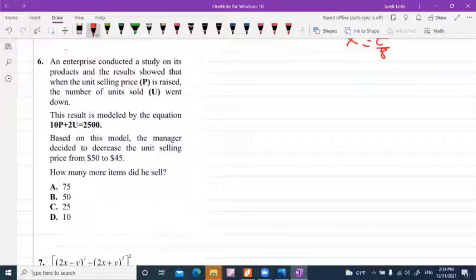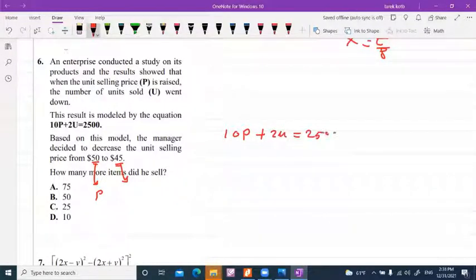So I will use this equation twice, once with 50 and once with 45, replacing the price by 50 and also by 45, and I have to watch the U. So if this is the equation, 10p plus 2u equals 2,500.